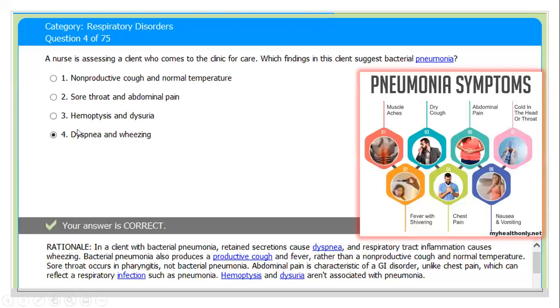The correct answer is shortness of breath, called dyspnea, or wheezing.